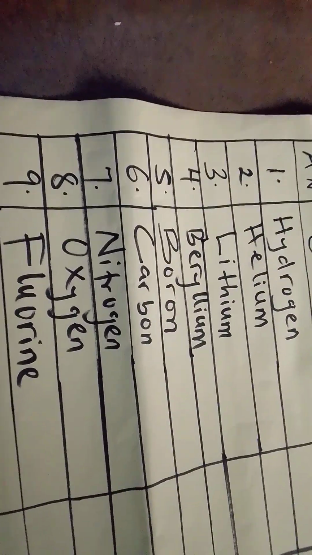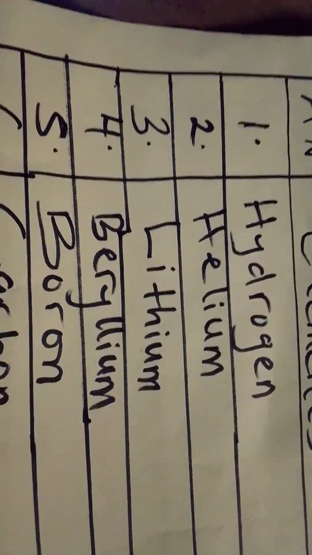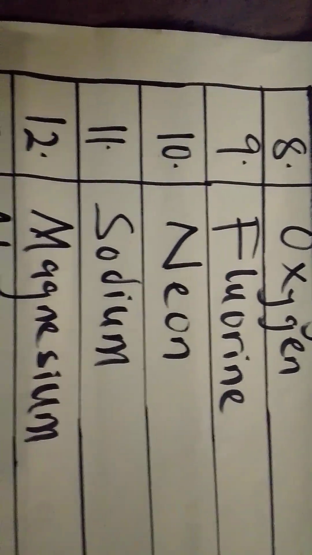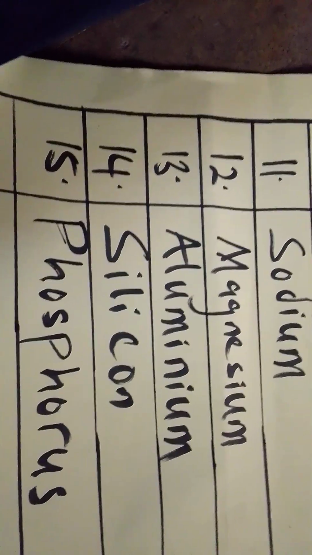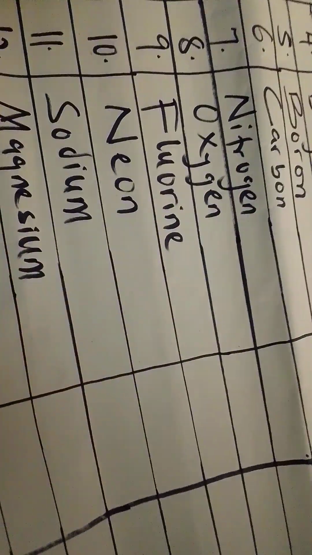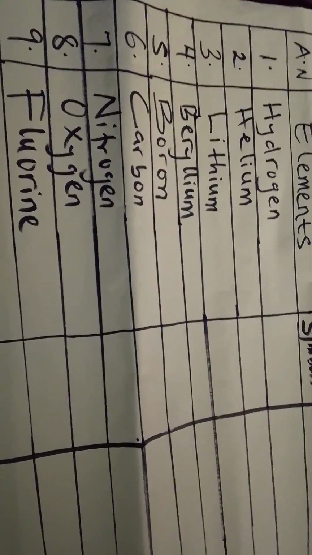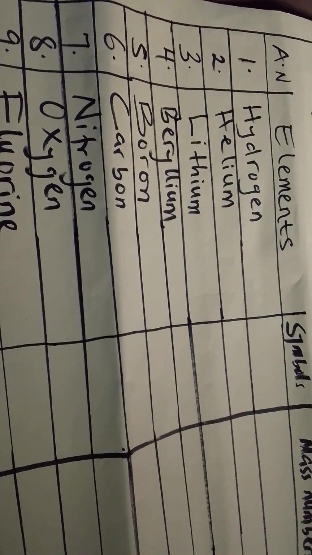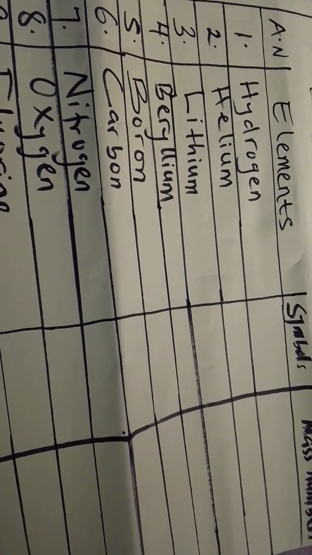So you follow them according to their serial number: 1, 2, 3, 4, 5, 6, 7, 8, 9, 10, 11, 12, 13, 14, 15. Also, if you memorize the serial number, you have already memorized the atomic number. And if you memorize the mnemonic that I showed you as a sentence, it's as if you have memorized the first 20 elements.